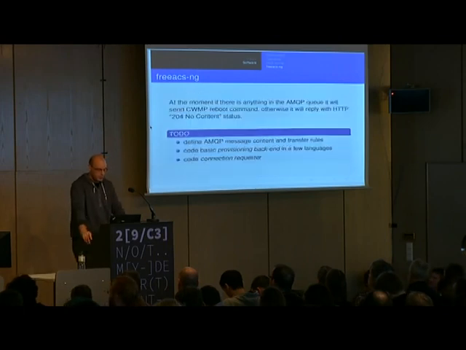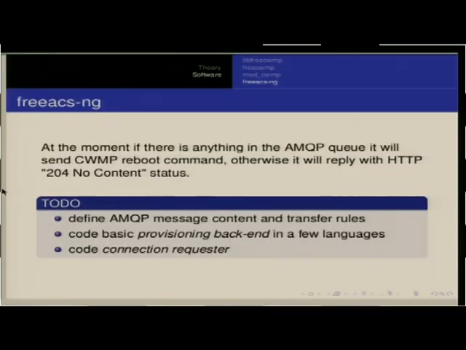Okay, so at the moment, if there is anything in the queue, FreeACS-NG will only send a reboot command. Otherwise, it will reply with no content. On my to-do list is to define how these exchanges and queues should work together, and find the best way to do this.